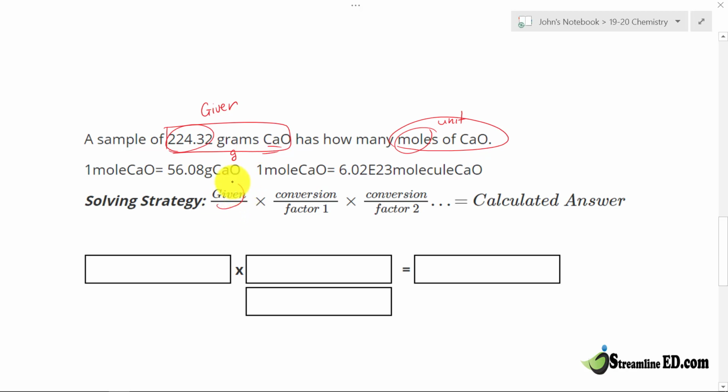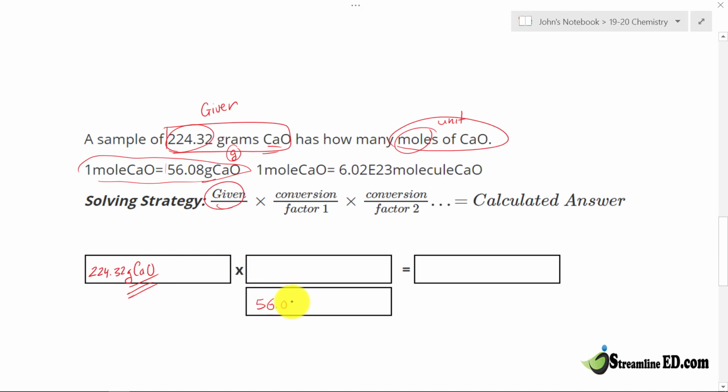Always start with our given. And our given is 224.32 grams of calcium oxide. And we need to find a conversion factor that has grams and moles. Remember, gram is abbreviated by G. So here we have grams. Oh, here comes the first one again. So we have grams and mole. And then we just multiply by that conversion factor. Notice how we have grams right there, right? So therefore, the gram part must be on the bottom because we need to simplify and cancel it out.